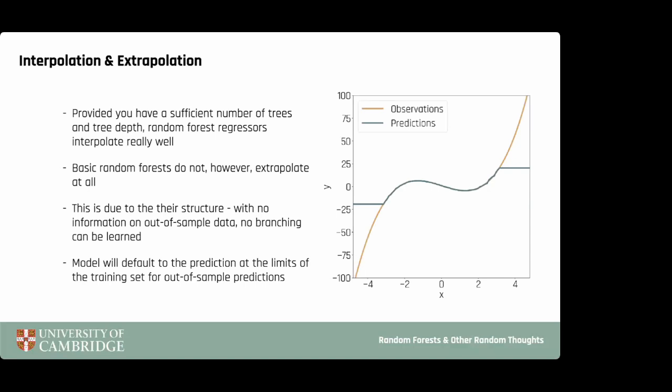If 1 is the lowest x value you have in your training set, it's not going to know what to do at x equals 0 or x equals -1. I haven't given it that information, so it can't create the branching that's required to fit the function around that part of the X domain. So an ordinary random forest, as you should have seen whilst playing with it, cannot extrapolate.